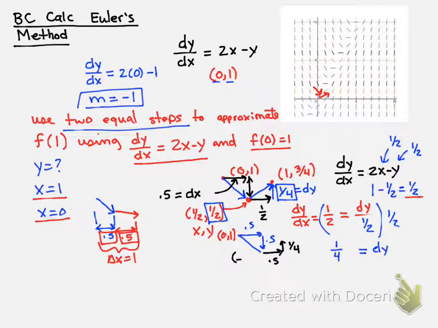And this intermediate point was 0.5, 0.5. This is truly what's happening in your slope field. You're doing something like this. So our new value is 1, 3/4. And so that means my approximation for f of 1 equals 3/4.